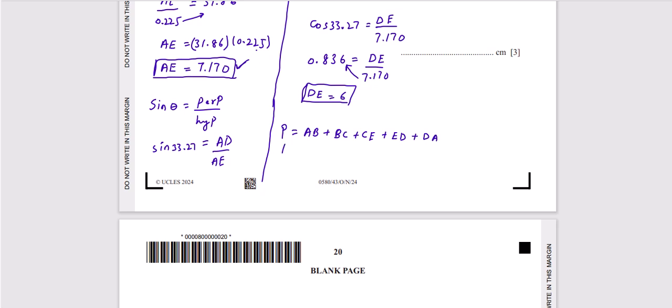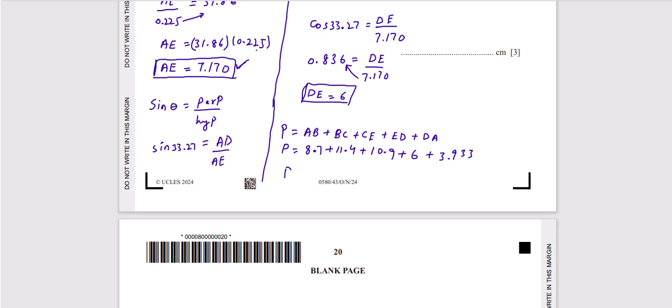So P is equal to BA is 8.7 and BC is 11.4 plus CE is equal to 10.9 plus ED is equal to 6 plus DA is equal to 3.933.